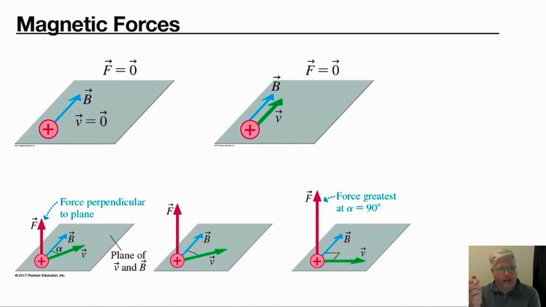And you can see the right-hand rule here: if we do V cross B, then the force will point perpendicular to it. If it's not perfectly perpendicular, but there's a component that's perpendicular, we'll still get a force, but it just won't be as strong.